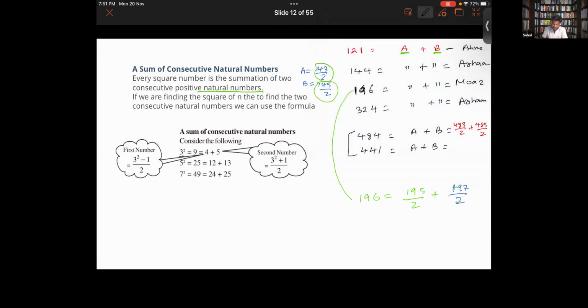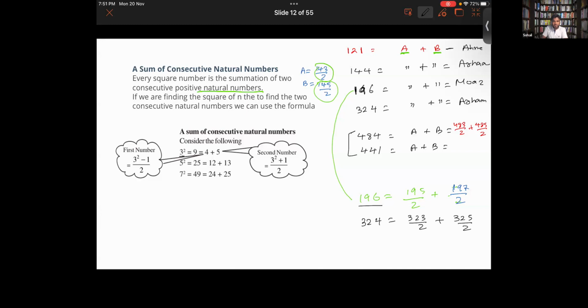Yes, Arham, what value are you getting? So 323 upon 2 and 325 upon 2. Sir, I also got it. Please repeat. 323 upon 2 and 325 upon 2. Yeah. What is the value you're getting?